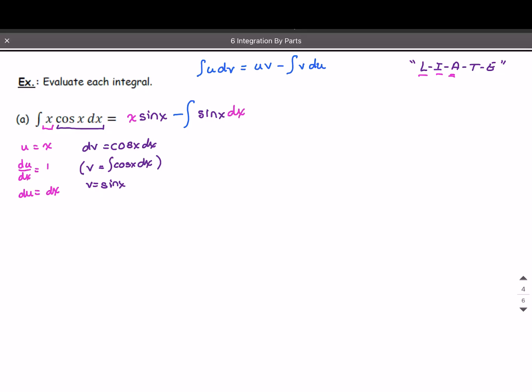So we need to bring along our x times sine x minus, now what's the antiderivative of sine x? That's a negative cosine x, so this becomes plus cosine x. And don't forget your plus c. There you go, you did it. That's what it is, okay?